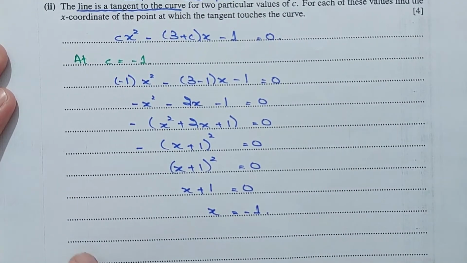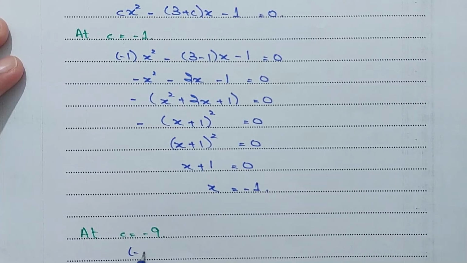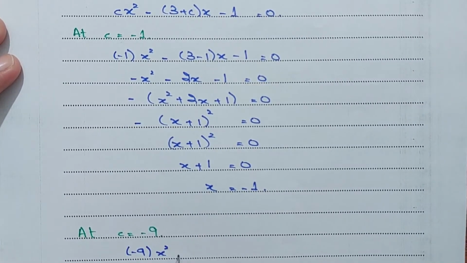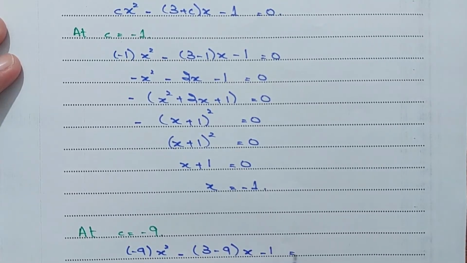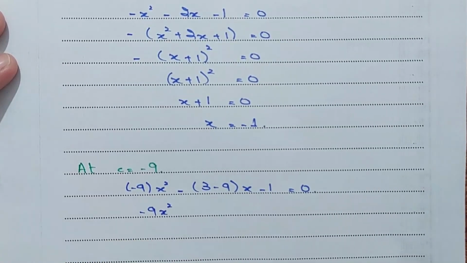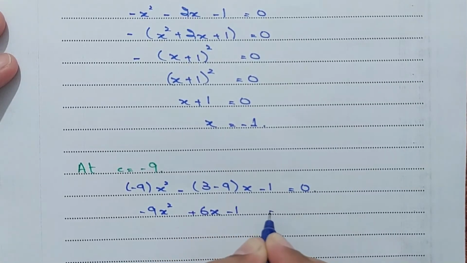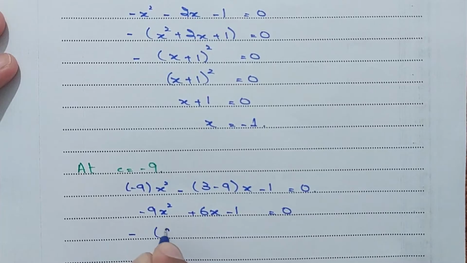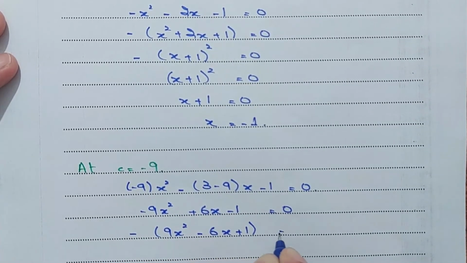Now for the second one, at c equal to -9. Let me substitute c equals -9: -9x square plus 3 minus 9 into x minus 1 equals 0. This is -9x square. From 3 take away 9 is -6, and then -6 and -6 would be plus 6x minus 1 equals 0. Taking negative sign common, 9x square minus 6x plus 1 equals 0.